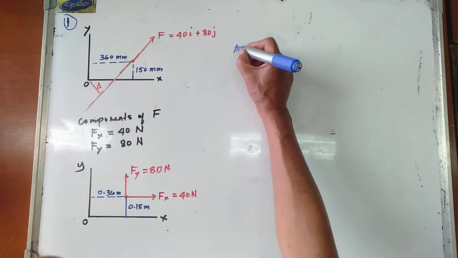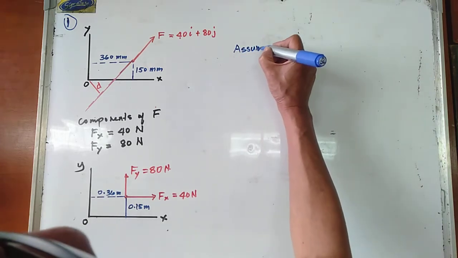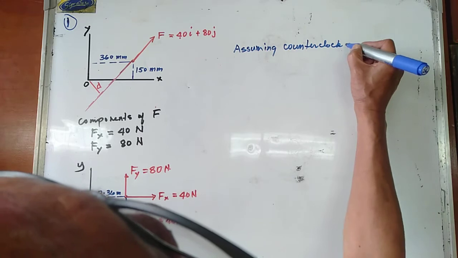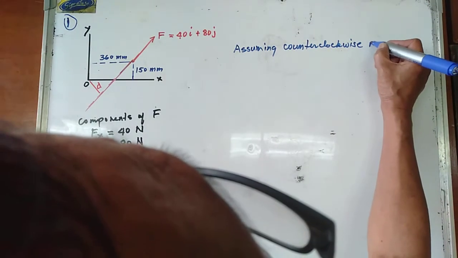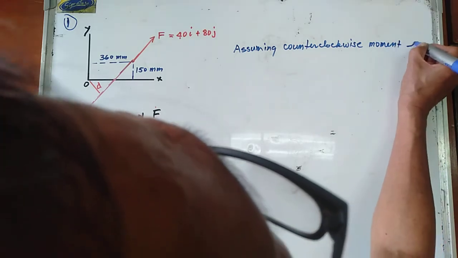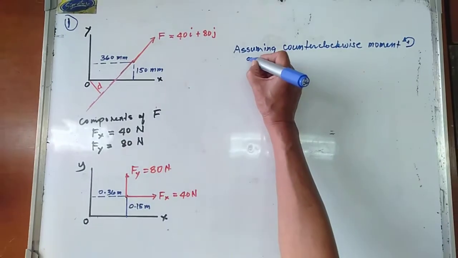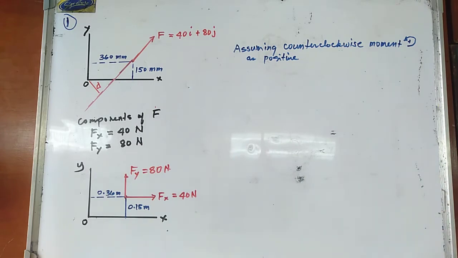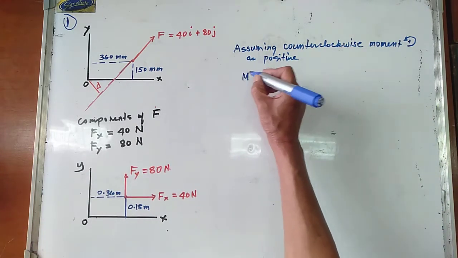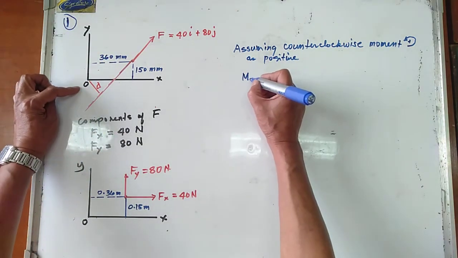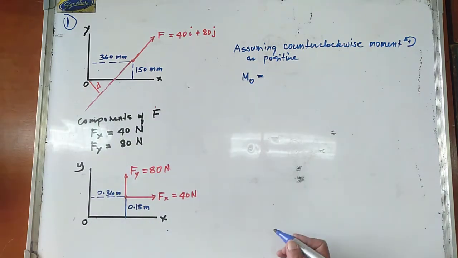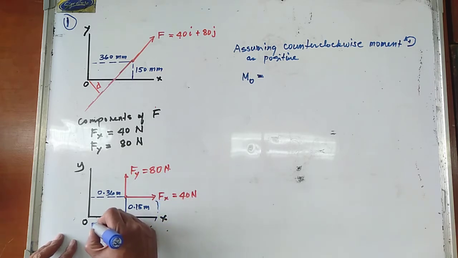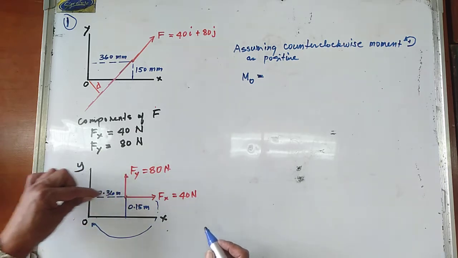Now, assuming counterclockwise moment as positive, then the moment of this force about point O is equal to, so we have your Fx is going clockwise about point O. So we'll only have to limit it to the line of action of the force.